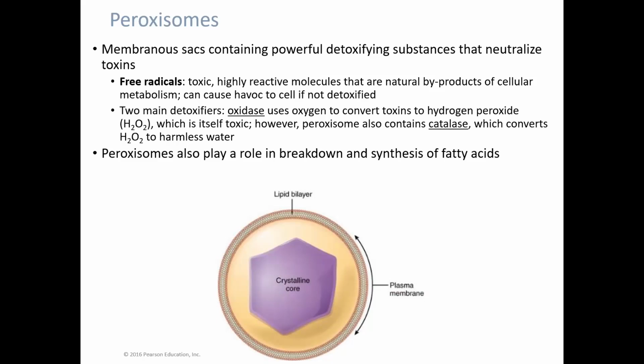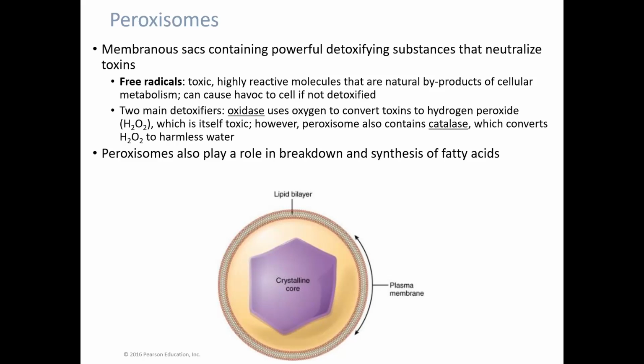It's a brown plastic squared off bottle. We pour it on cuts and it foams and it doesn't hurt like alcohol does. It helps to foam out the crud in there and it kills bacteria. That's hydrogen peroxide. Something similar happens here with peroxisomes.